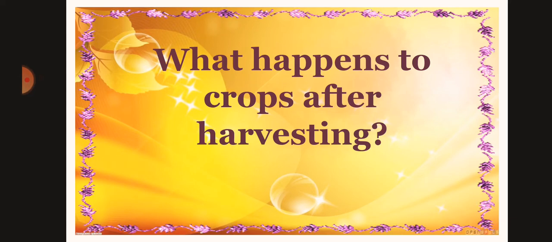After harvesting, the crops are tied in bundles and kept in the sun to dry. After they completely dry up, they undergo threshing and winnowing, and then food is stored in jute bags, metallic bins, either in godowns or silos or granaries or perries, and pit ducts in fields, right?